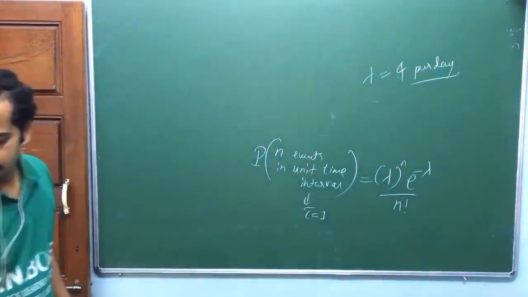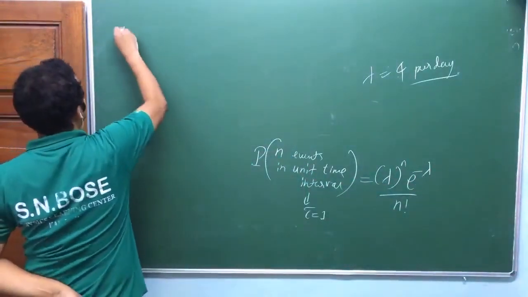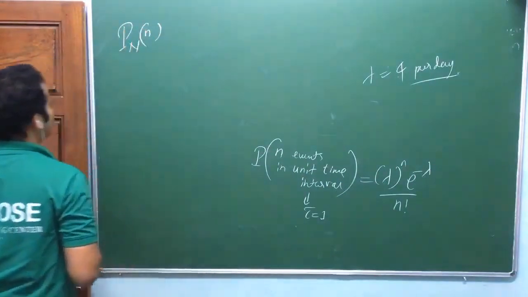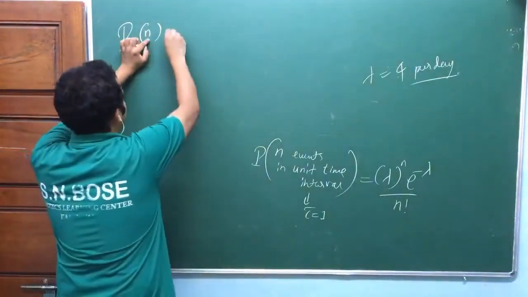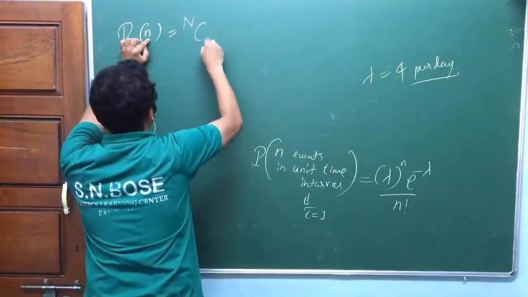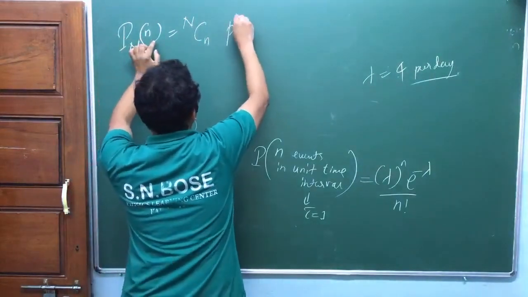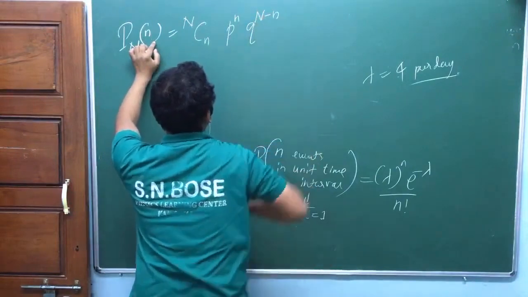Now look at here. If you take your binomial distribution, the probability after N trials of n successes is N C n, p raised to n, q raised to N minus n.